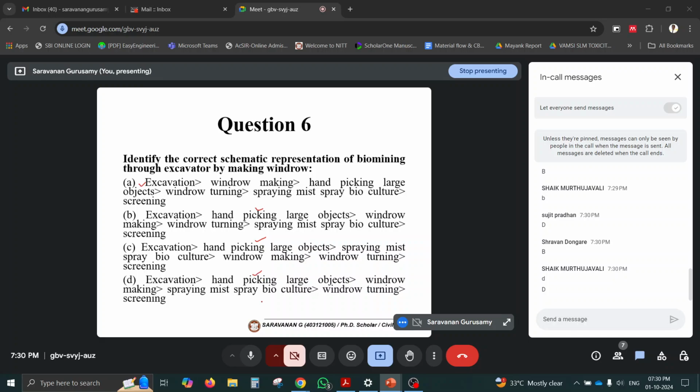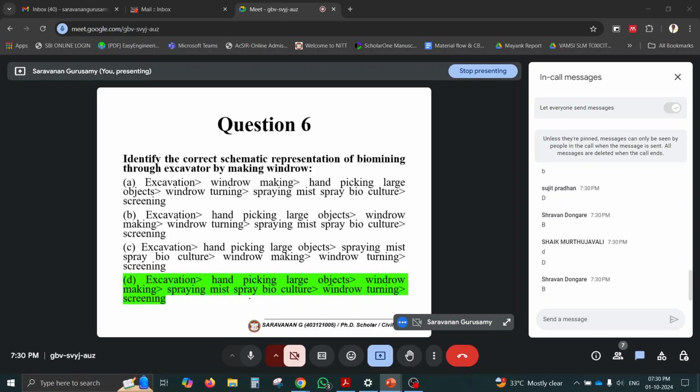Then before making windrow or after making windrow, we will spray the bioculture. I think D. Windrow making, then we will spray the mist, then windrow turning, then screening.